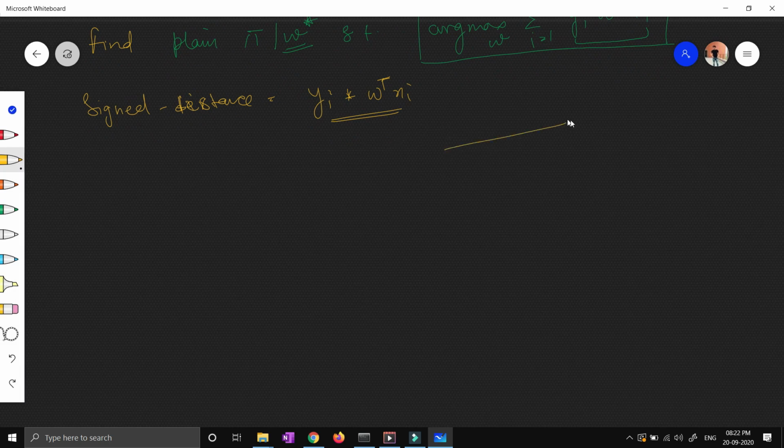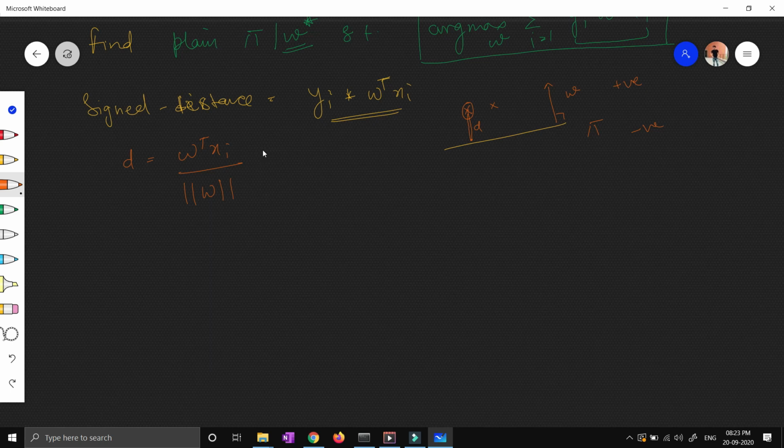So let's assume this is my plane pi, and this is my normal to the plane, w. Whatever points are in the direction of w are positive, and whatever points are in the opposite direction are negative points. Now if I calculate the distance of a point from the plane, call it d, then the normal distance is w transpose xi upon the norm of w.